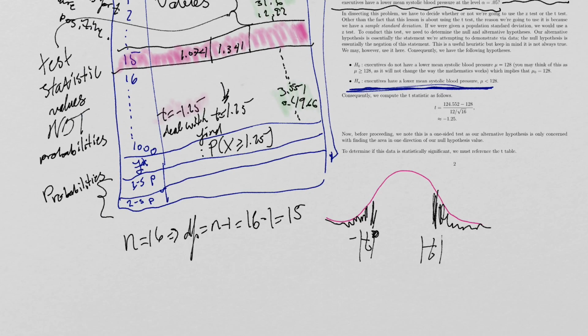So what we know then, we can go down, and we can look at the one-sided and two-sided p. Look at the one-sided p, and we see that this one-sided p corresponding to 1.074 is 0.15. And we look right next to it, and we find that the one-sided p-value corresponding to 1.341 is 0.1 or 0.10, however you want to read it, okay?